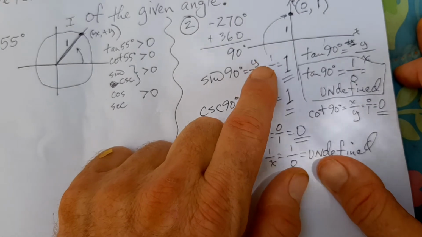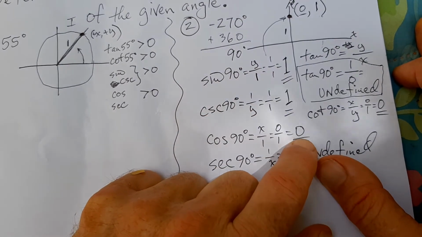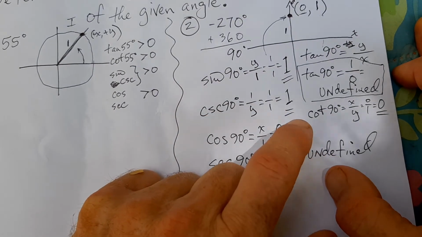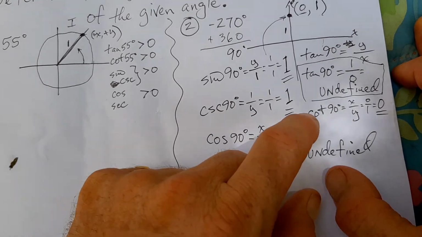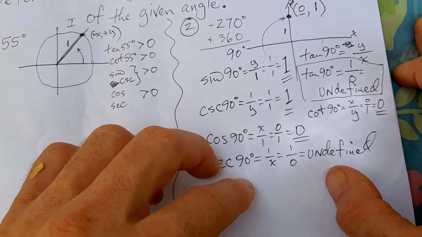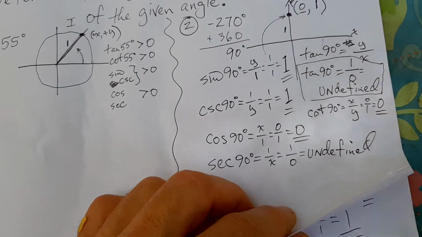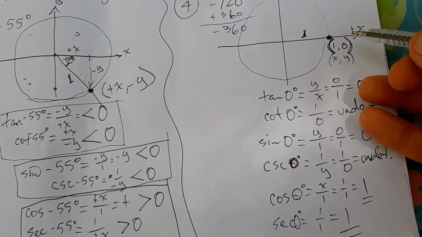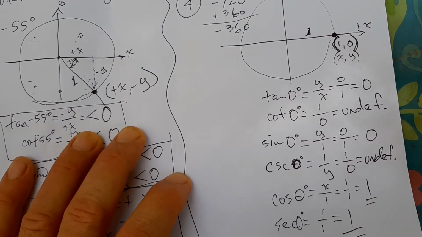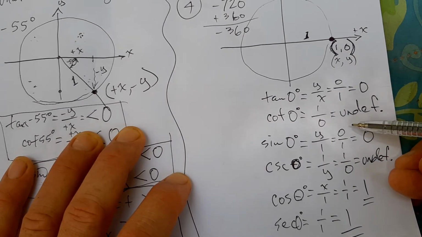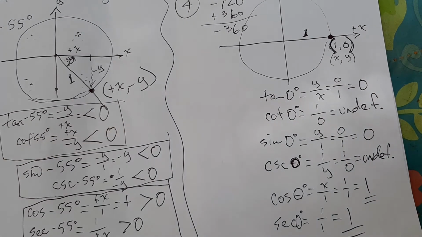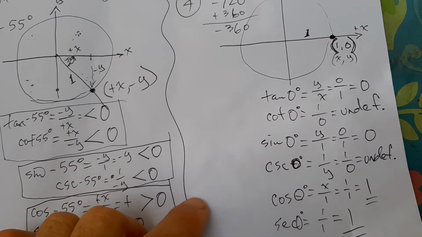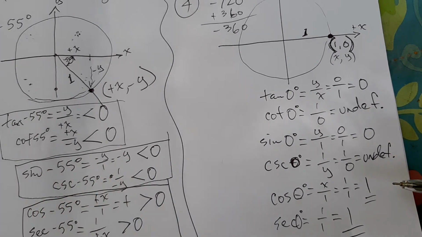You got your sine is 1, cosine is 0, and your tangent undefined, cotangent is 0. And then we did the positive x-axis: tangent 0, cotangent undefined, sine is 0, cosine 1.